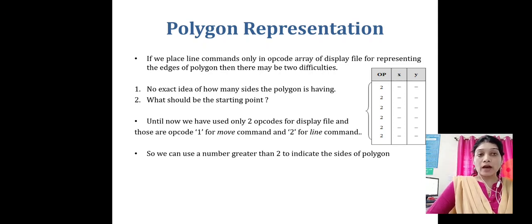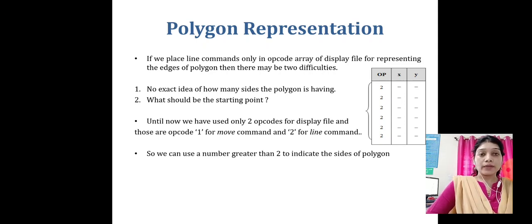If I have entered 6 or 7 entries here, it may happen that we are storing many commands for many polygon shapes in this display file, so we should know where to stop. The starting point of the polygon should be known, this is the second thing, and the first thing is that we should have an idea of how many sides will be represented by that particular polygon.